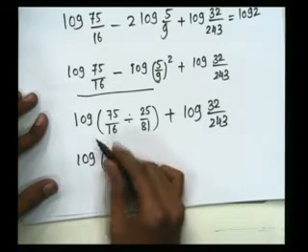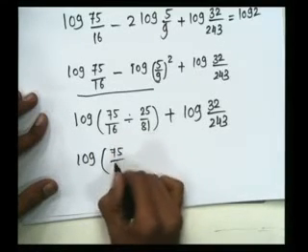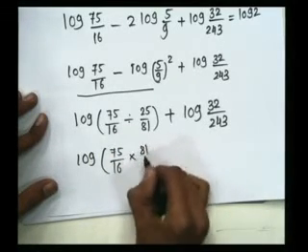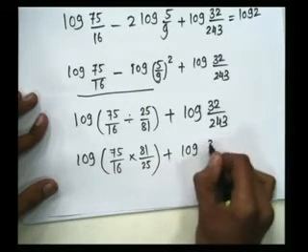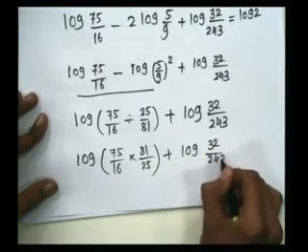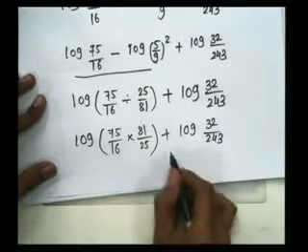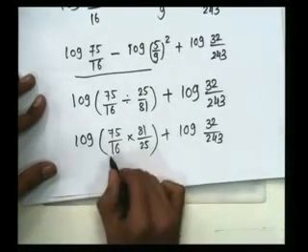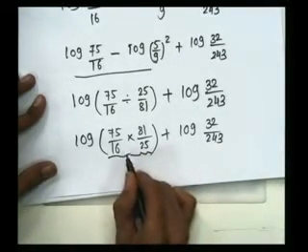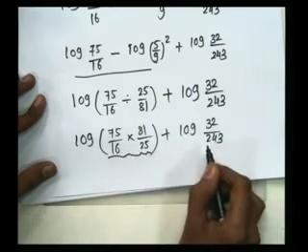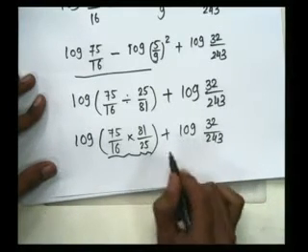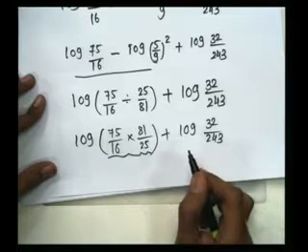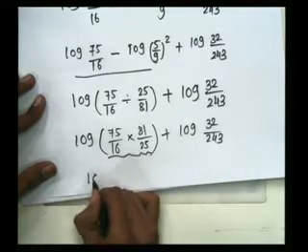Division we can replace by multiplication, at that time the term will be interchanged: 81 by 25 plus log 32 by 243. Log a plus log b. Here if we consider this term as a and 32 by 243 as b, that is log a plus log b, using the property of logarithm, that can be written as log of a into b.